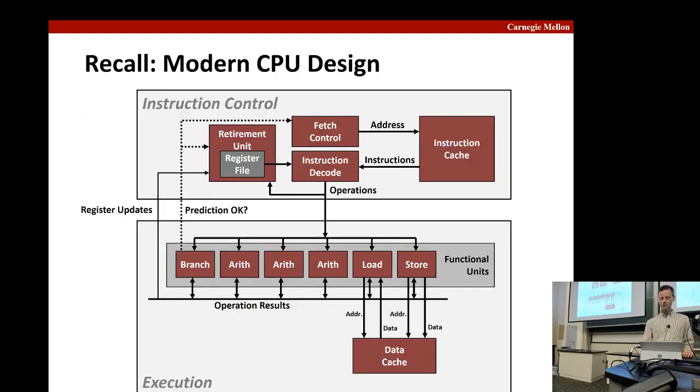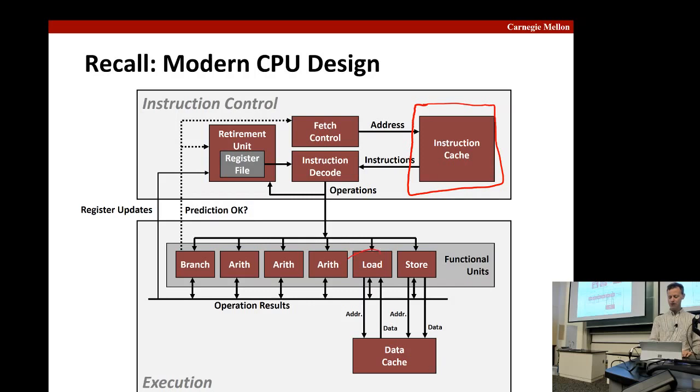Looking a little more closely at the logic within the CPU, we have an instruction cache here, where you're storing recent instructions. If you have locality in your instructions, you'll get hits in this cache, and then these instructions get decoded and executed.